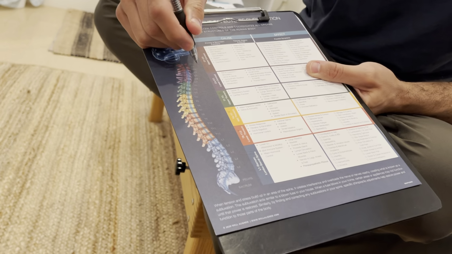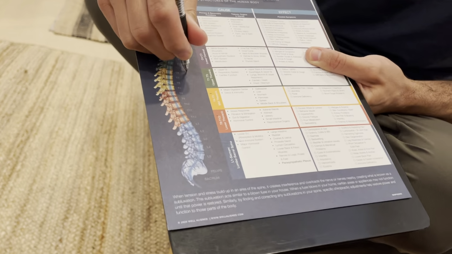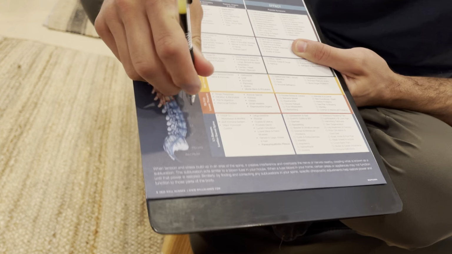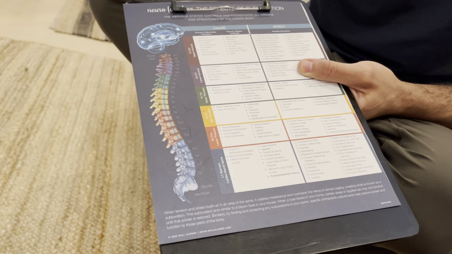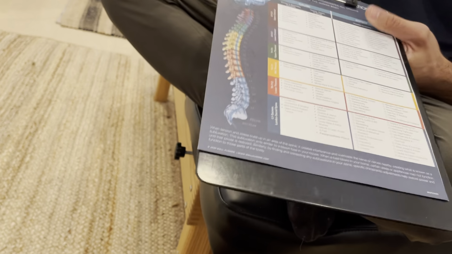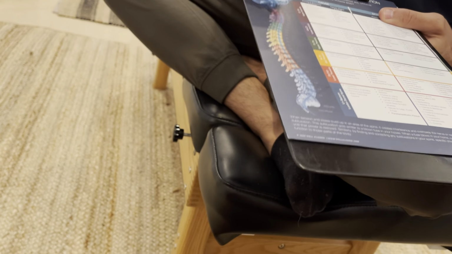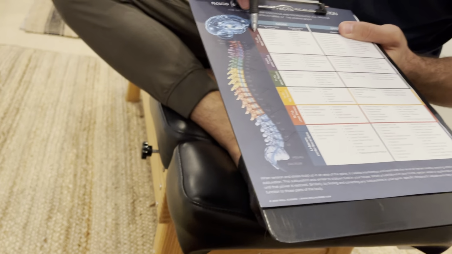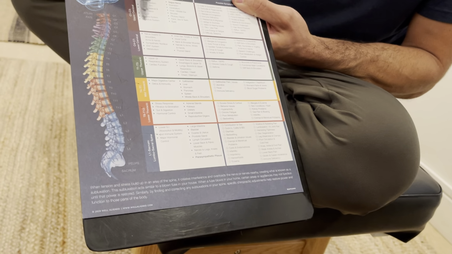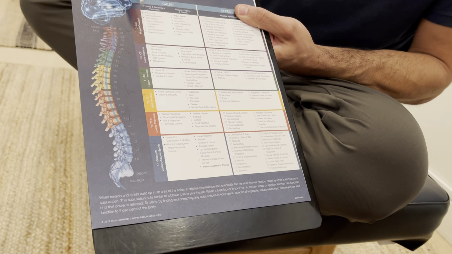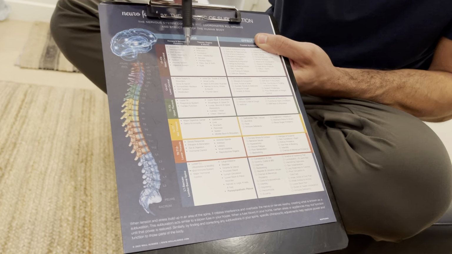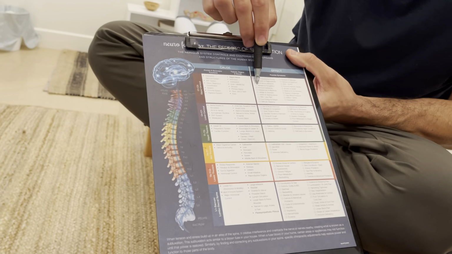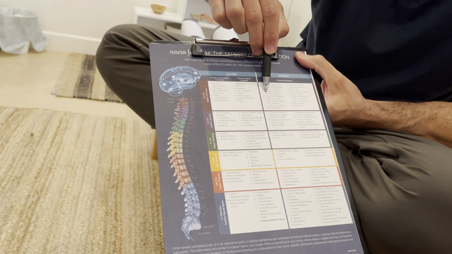So when there's interference, which is what we measured through the scans that we did last night, those messages get slowed down, or they can stop if they've been there long enough. For example, we'll use the top 3 bones, upper cervical. The nerves that come out of here supply all of these things. If those messages aren't sending how they should, these are potential symptoms we can have.